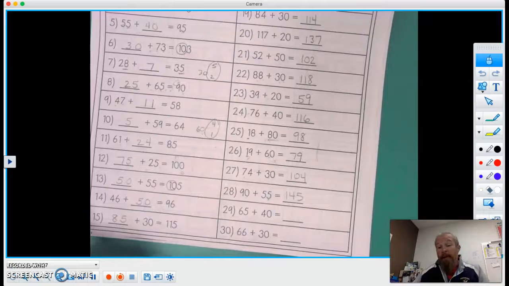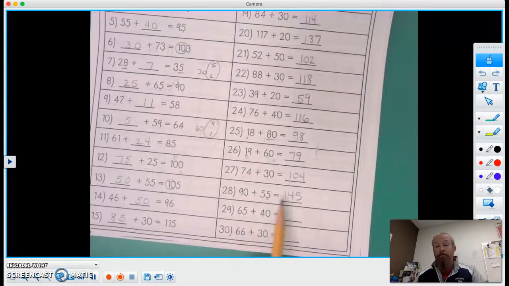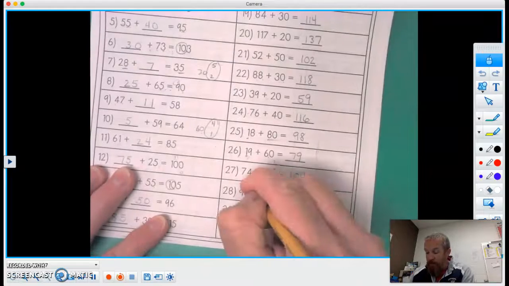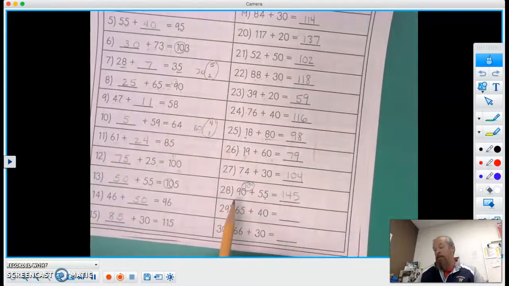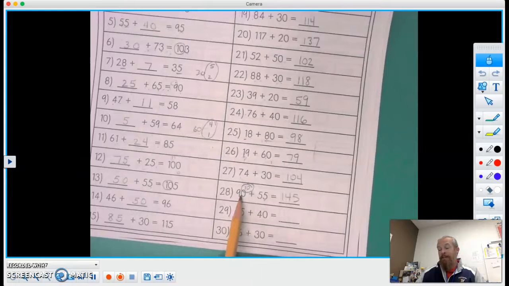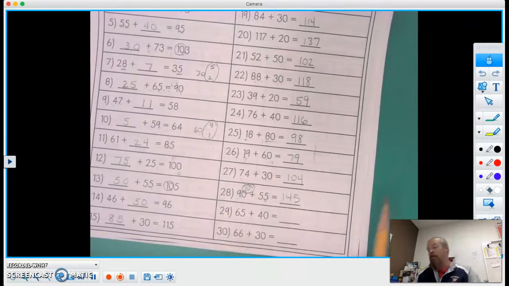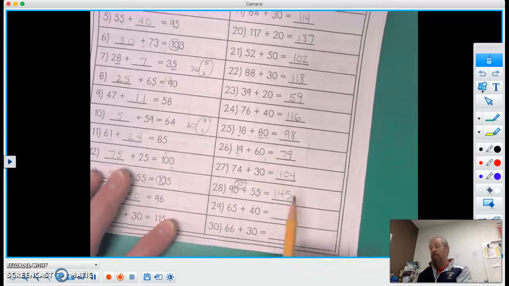You may think of it as 55 plus 100 equals 155, and then the 10 it took to get from 90 to 100, you take off. So we had to add 10 to 90 to get to 100 to make it a little easier to get to 155, and then we take that back off at the end to get 145.